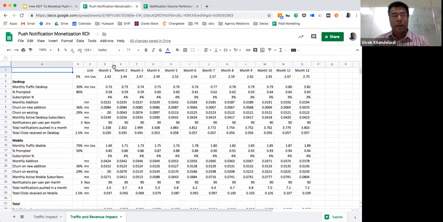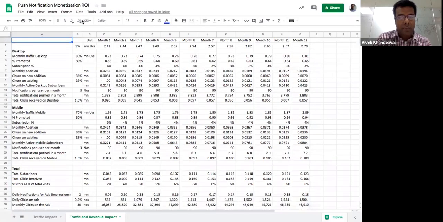They also use iZooto's push notification ad platform, which helps you not only set personalized ads, but also control the volume, so that it gives you incremental returns over a period of time. If you look at this sheet, there's a calculator which we follow religiously at iZooto, and we will share a sample of this after the webinar. So let's start.